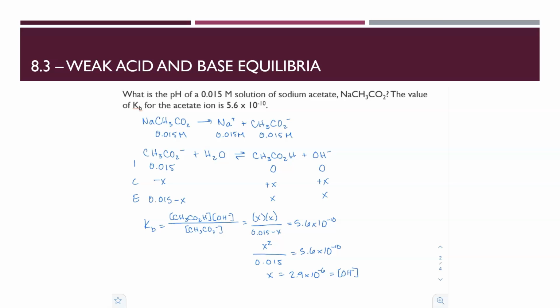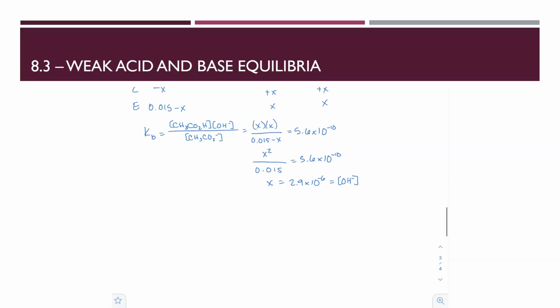And the hydroxide ion concentration is going to be the useful one here. With that concentration, we can calculate the pOH. So I'm going to scroll down a little bit to give us some more space. So pOH is the negative log of the hydroxide ion concentration.